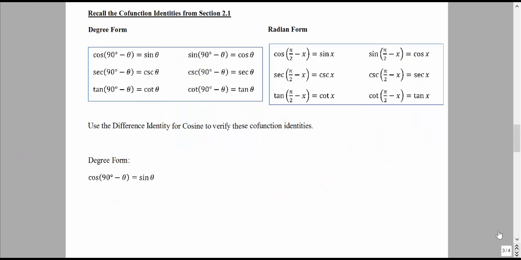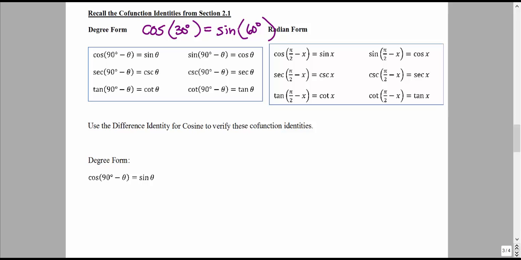We have previously discussed the cofunction identities. Remember that they told us one basic idea: if we look at two angles that add up to 90 degrees, in other words, complementary angles, for example 30 degrees and 60 degrees, the cosine of one equals the sine of the other.